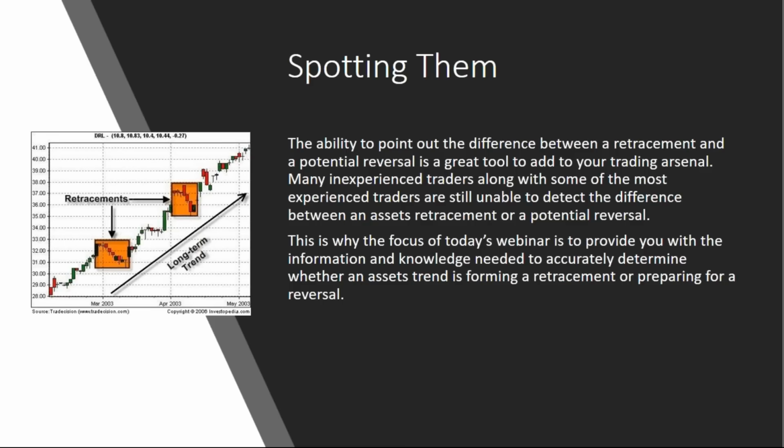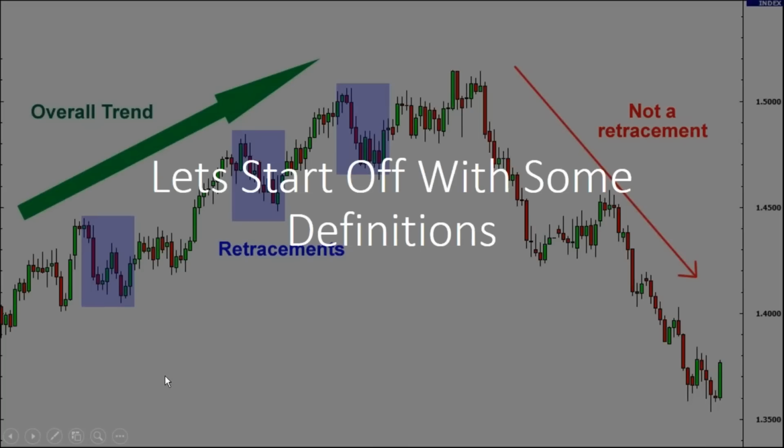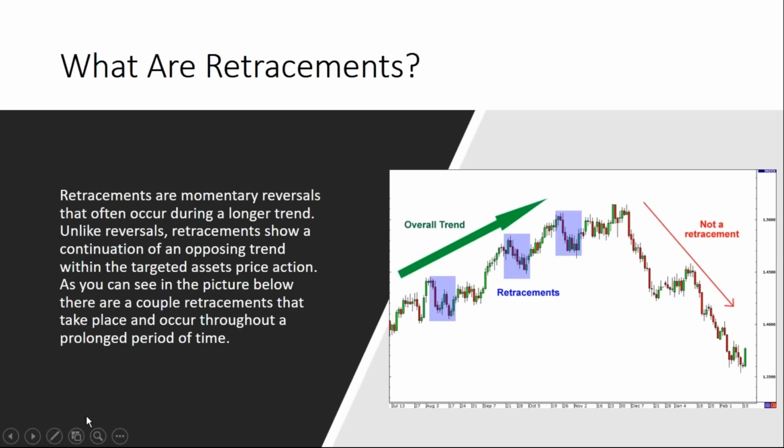So this is why we focus in today's webinar to provide you the information and knowledge needed to accurately determine whether an asset trend is forming a retracement or preparing for a reversal. Now, there are some sets of rules, okay? But first we have to understand or define what these are. What is a reversal and what is a retracement?